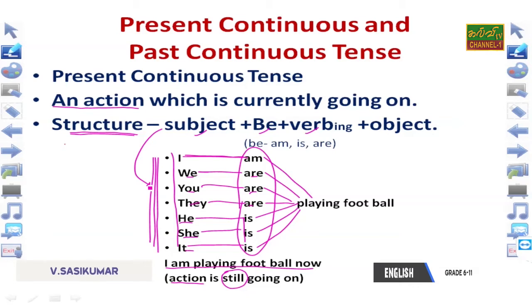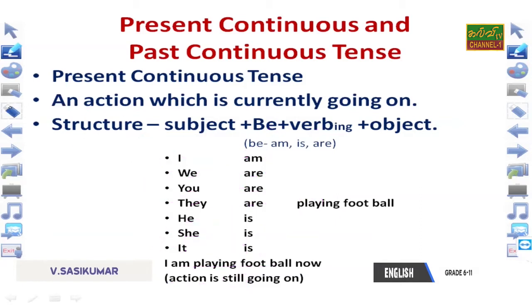Subject, helping verb or be verb, then present tense verb ing, finally the object is there. So the meaning is also there. It is a wonderful sentence which is guided by me here, no? Okay, dear sir, don't worry, we can write a sentence here. Then you have understood this present continuous tense.